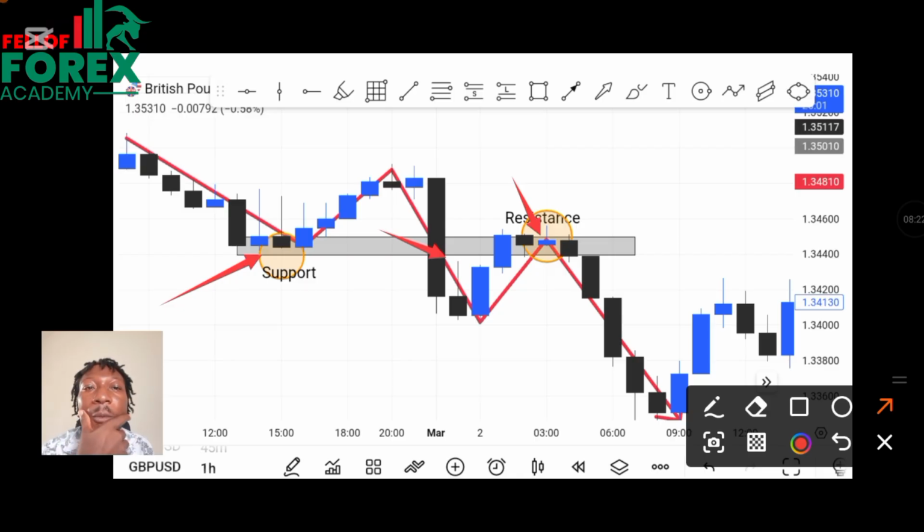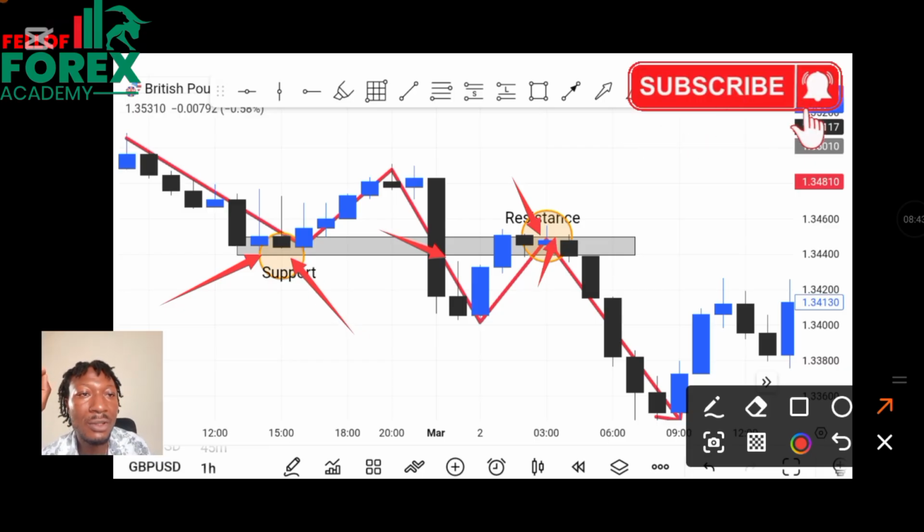So there are so many sell confirmations or buy confirmations that you can use. That's why I started by teaching you candlesticks, and I told you to go study more about candlesticks, because you will now know exactly what you're looking for around these levels for you to take a decision.